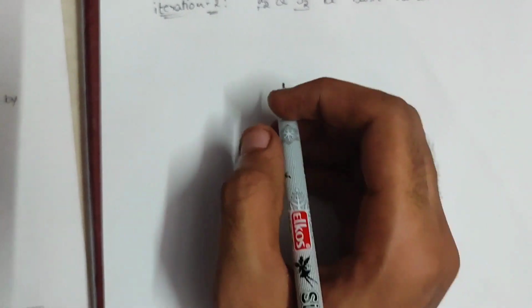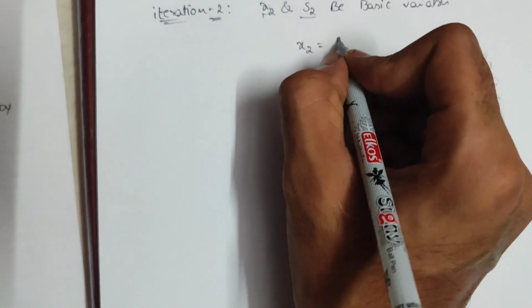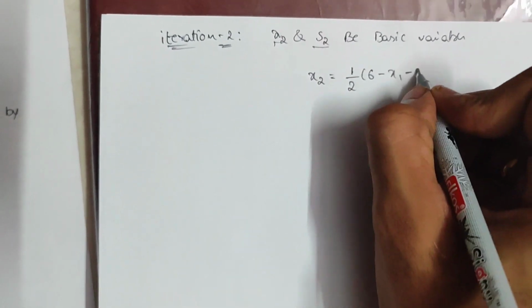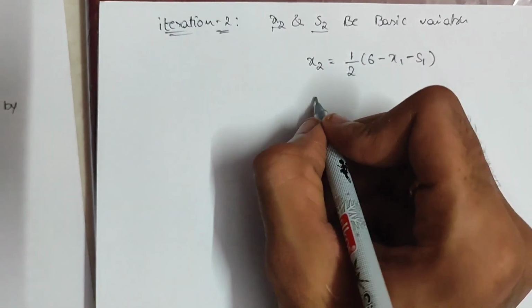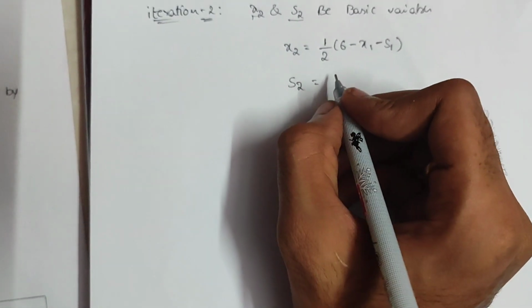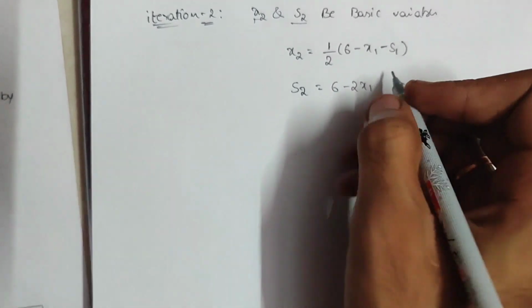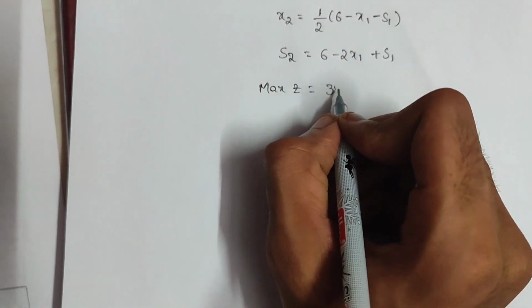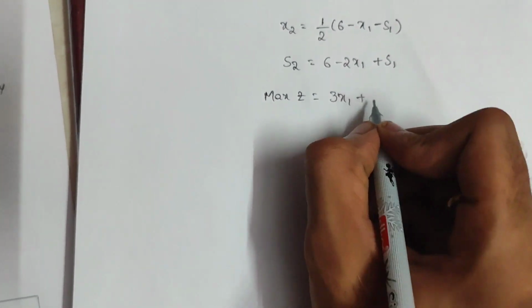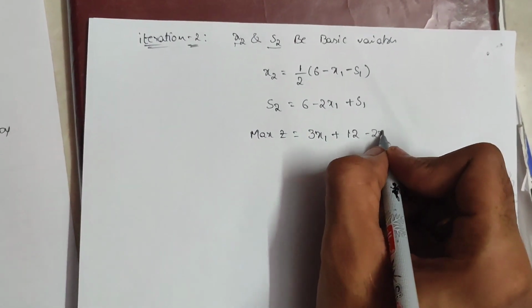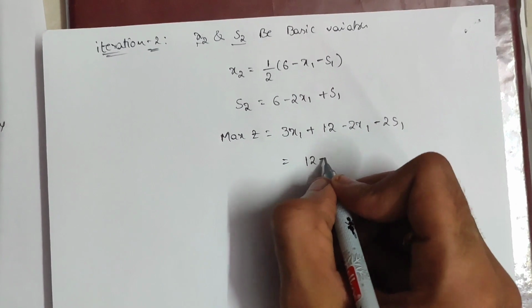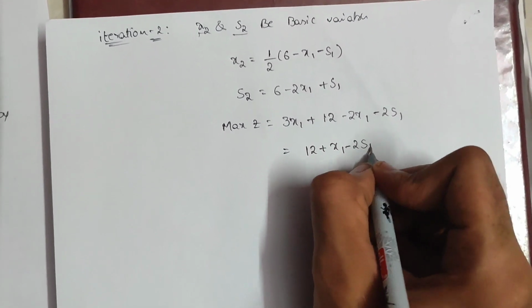So here the values will be x2 equals 1 by 2 into 6 minus x1 minus s1, and s2 equals 6 minus 2x1 plus s1, and max z equals 3x1 plus 12 minus 2x1 minus 2s1. So max z will be 12 plus x1 minus 2s1.